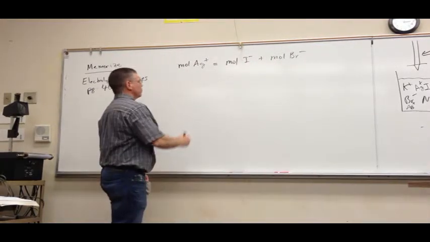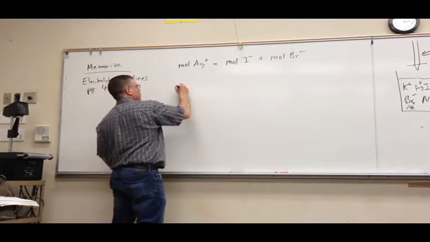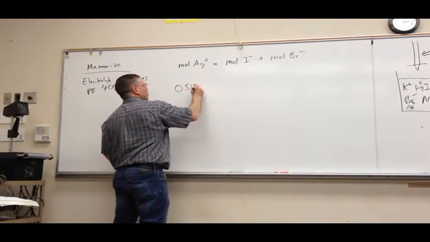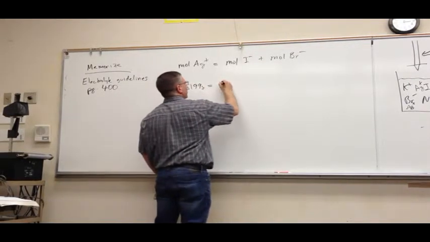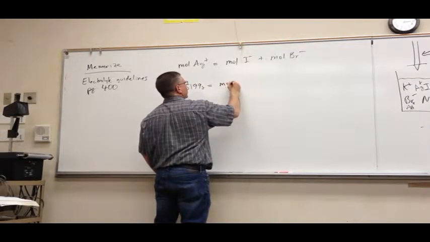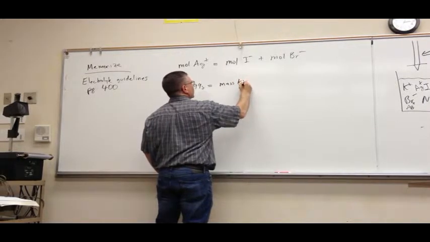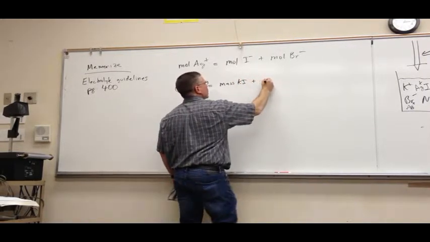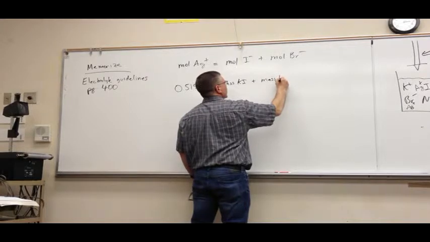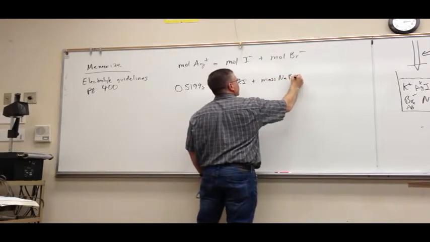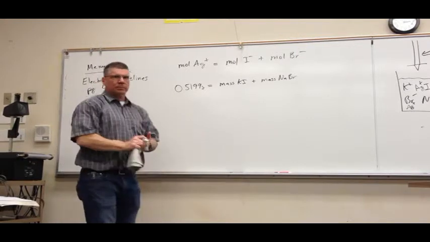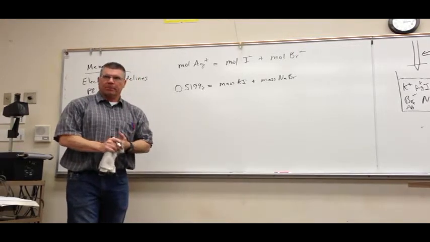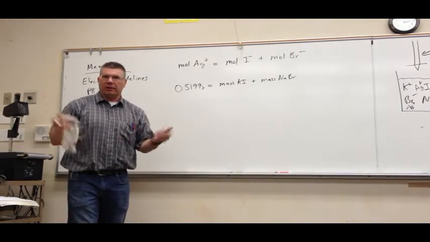We also know that the total mass equals the mass of the two salts. Does that make sense? If there's two things in there, they have to add up to be the total mass.